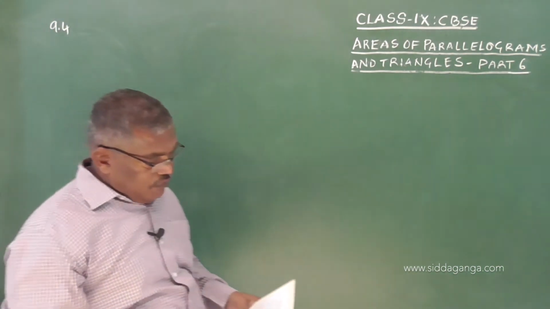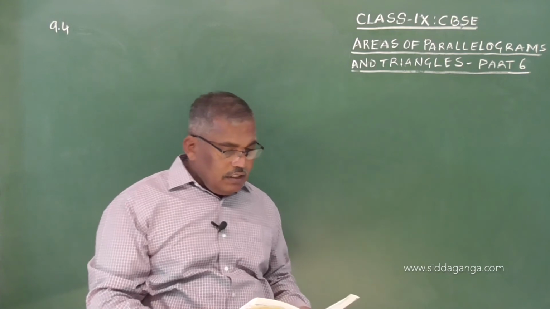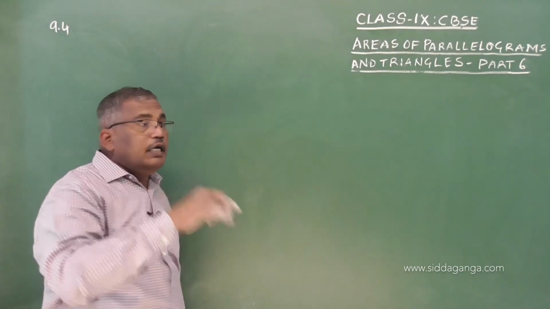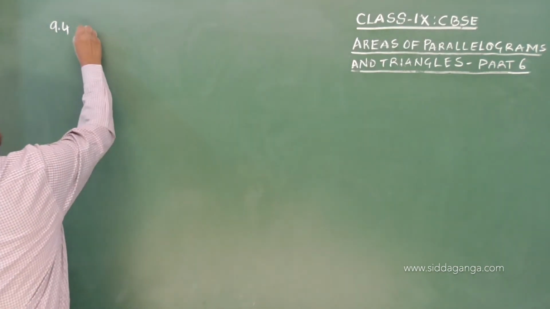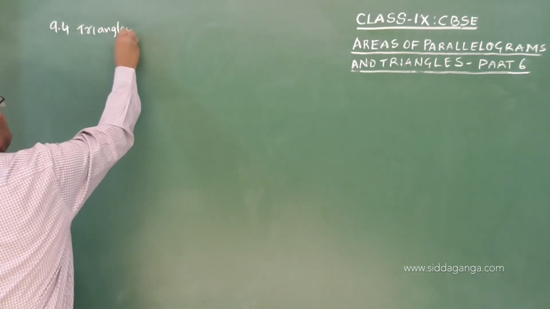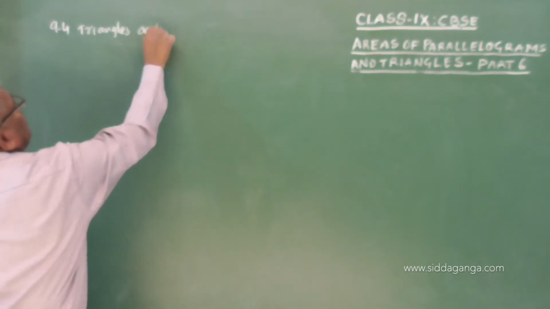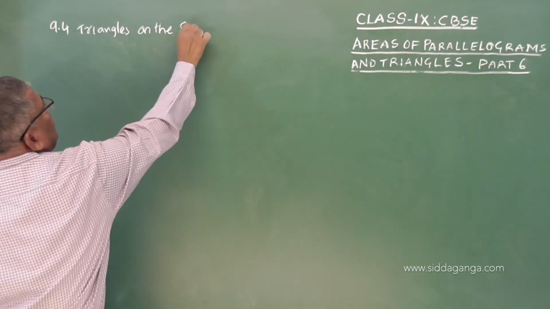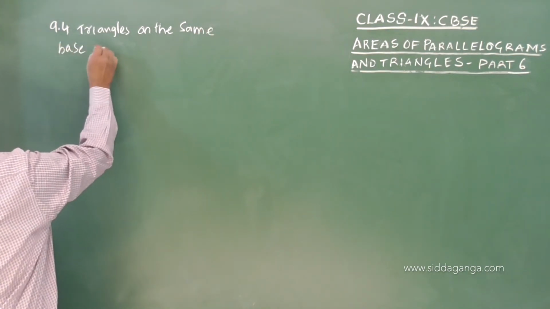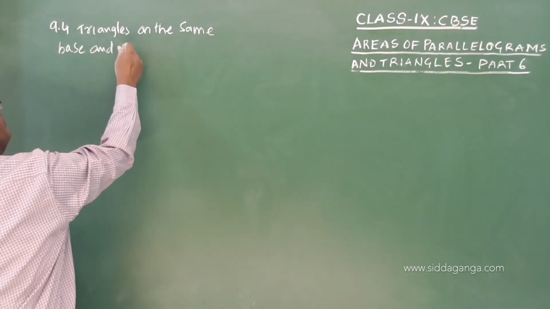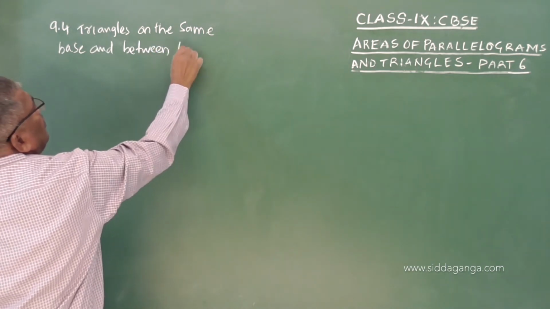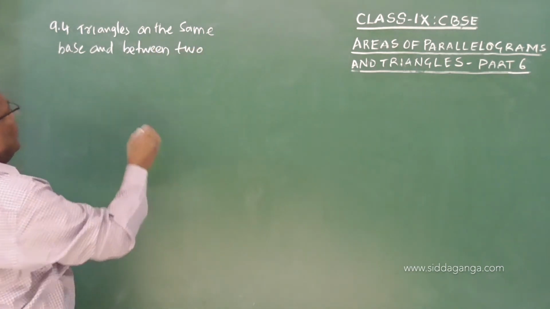Now, the next topic is in your textbook, section 9.4: triangles on the same base and between the same parallels. So, what will happen if two triangles are there? So, triangles on the same base and between two parallel lines.